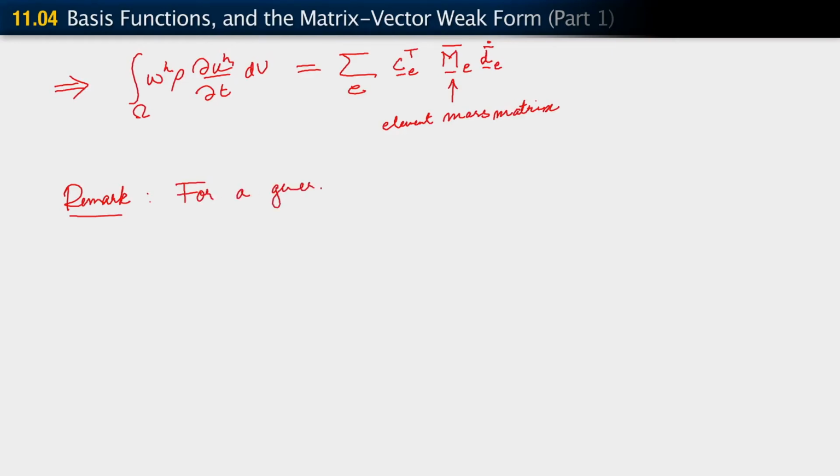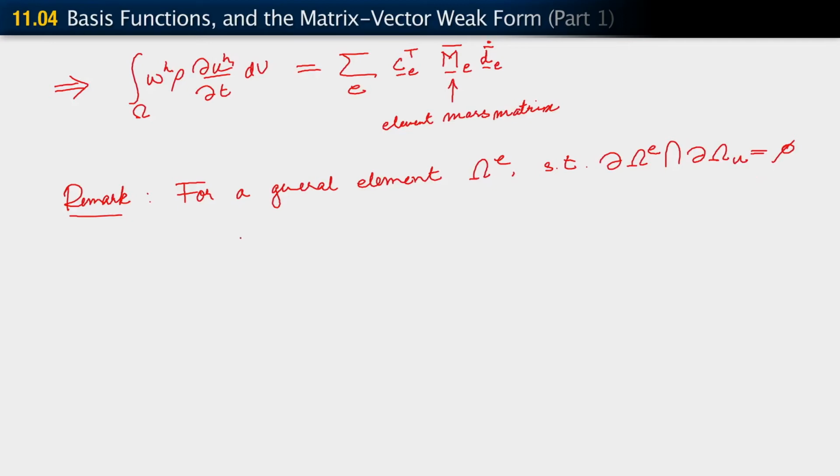So for a general element, omega E, such that the boundary of omega E intersection Dirichlet boundary is the empty set, so an element that does not have one of its surfaces coinciding with the Dirichlet boundary.